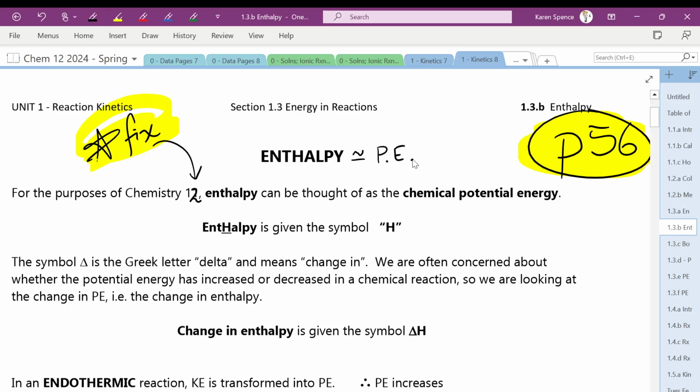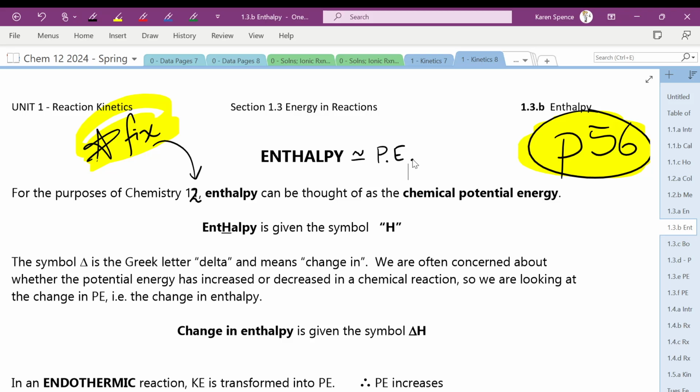Let's just go and see what it says, because it is a very unfriendly definition. Enthalpy, a quantity defined by the relationship H equals E plus PV. The enthalpy change delta H for a reaction that occurs at constant pressure is the heat evolved or absorbed in the reaction.